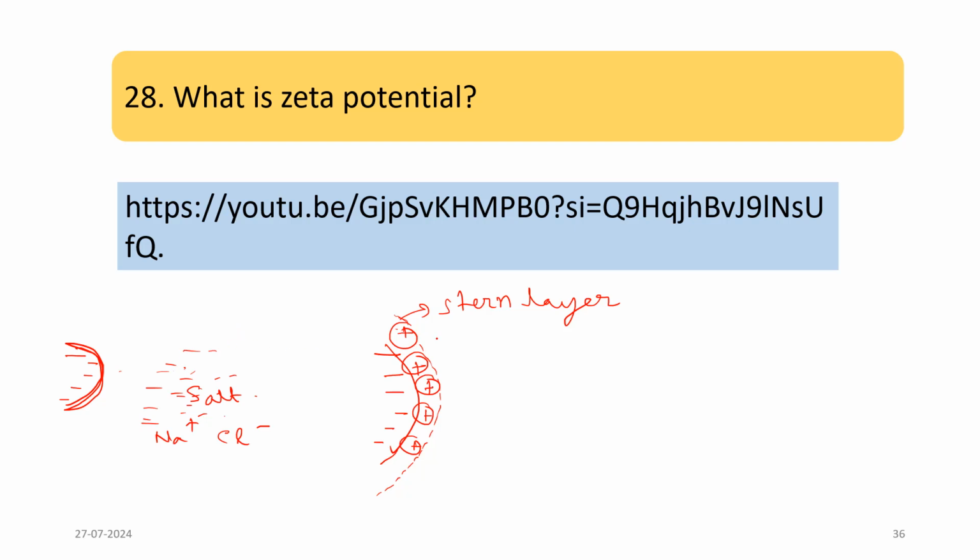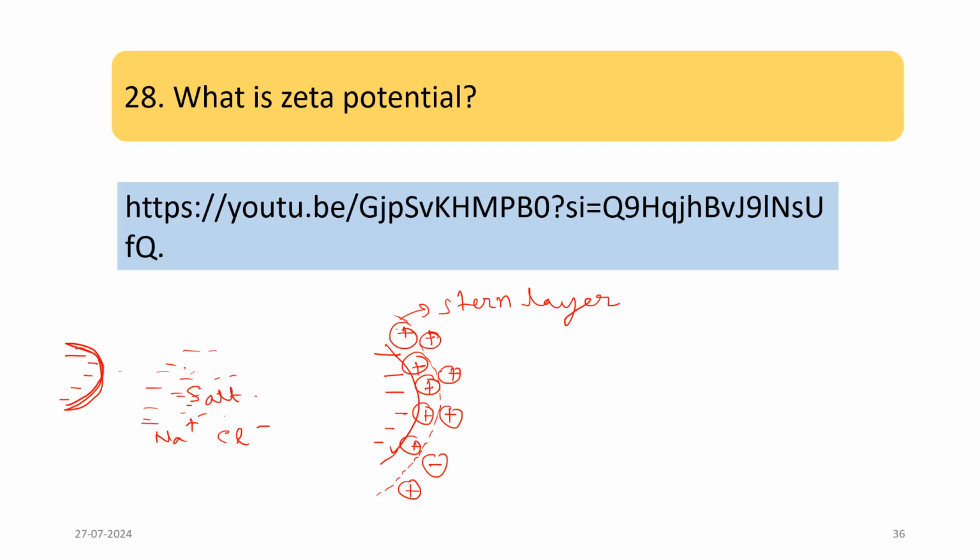Now in the second layer, all the charges are not positive. This is positive, this is positive, suppose there is one negative charge, and this is positive again. So in the first layer, very close to the negative layer, only positive charge is there.